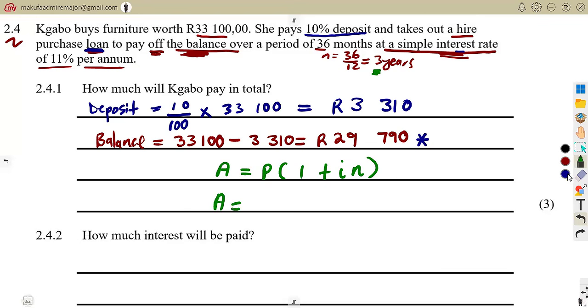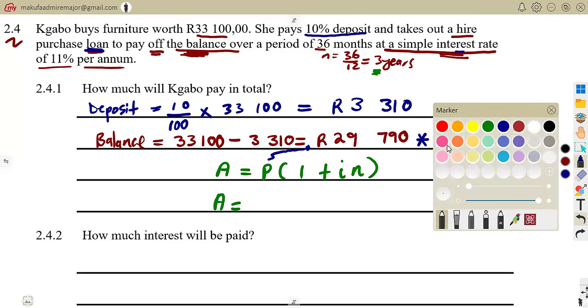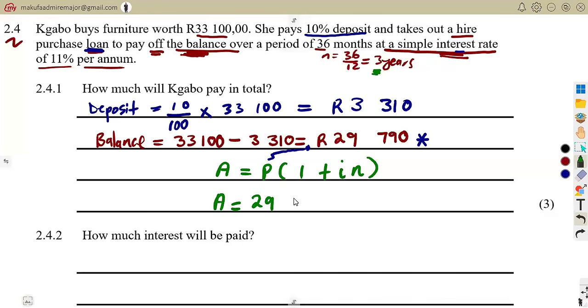The principal is the balance that is to be paid, 29,790, into 1 plus the interest rate as a decimal. This is 11%, so you divide by 100, and the number of years, not the months. 36 months is equal to how many years? 3 years. Remember this.